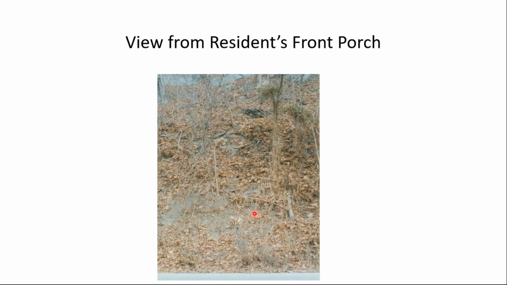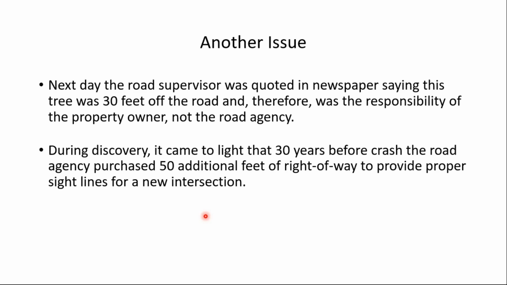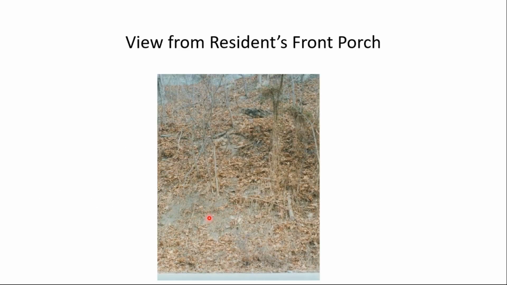That's because about 30 years ago, an intersection was located outside the photograph over here. And to provide adequate sight lines, the road agency graded or kind of shaved off that bank. And so that's what you're seeing there. The road agency shaved some of the earth and brush off that hillside.